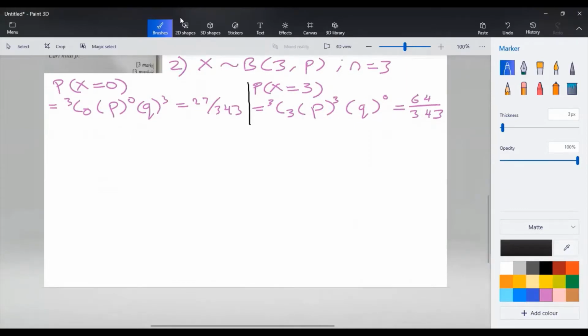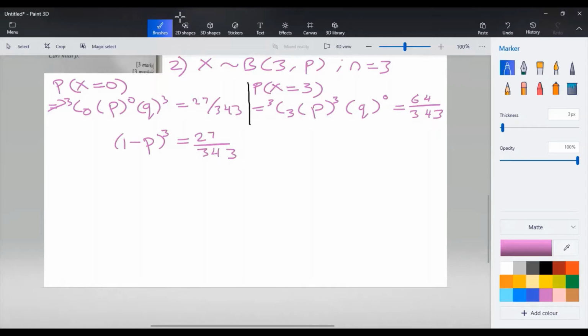So let's try to play with this. Here 3C0, we get 1. So p power 0 is 1, so it's q power 3. We know q is 1 minus p, right? So 1 minus p, power 3, equals 27 over 343.